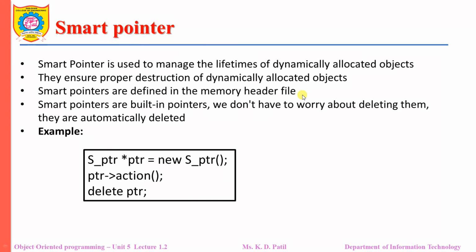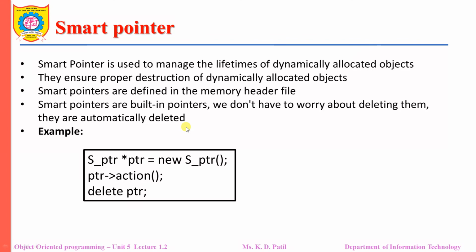See, these pointers are similar to your pointer variables, but these smart pointers are defined in the memory header file, and they ensure the proper destruction of the dynamically allocated objects. We don't have to worry about deleting them. They are deleted automatically.